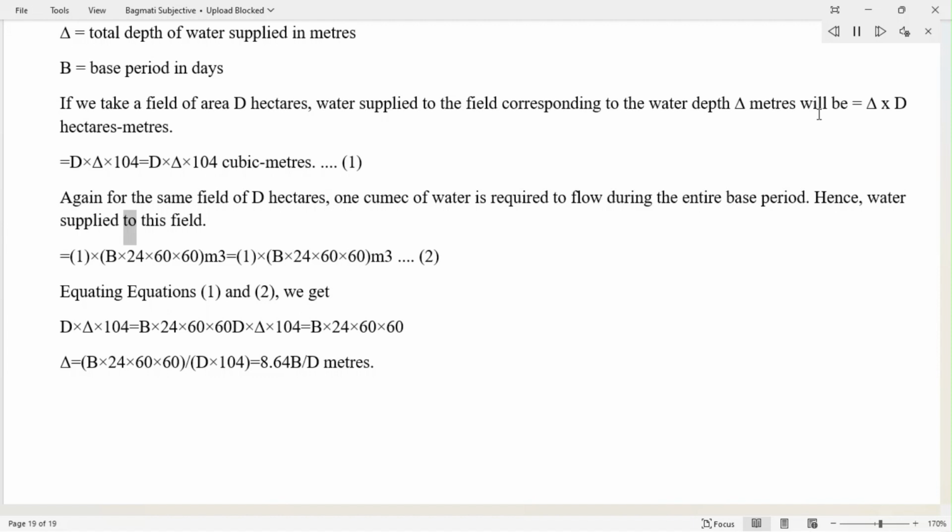Hence, water supplied to this field equals 1 times B times 24 times 60 times 60 m³. (2) Equating equations 1 and 2, we get D times Δ times 10^4 equals B times 24 times 60 times 60. Δ equals B times 24 times 60 times 60 / (D times 10^4), equals 8.64 B/D meters. For watching.